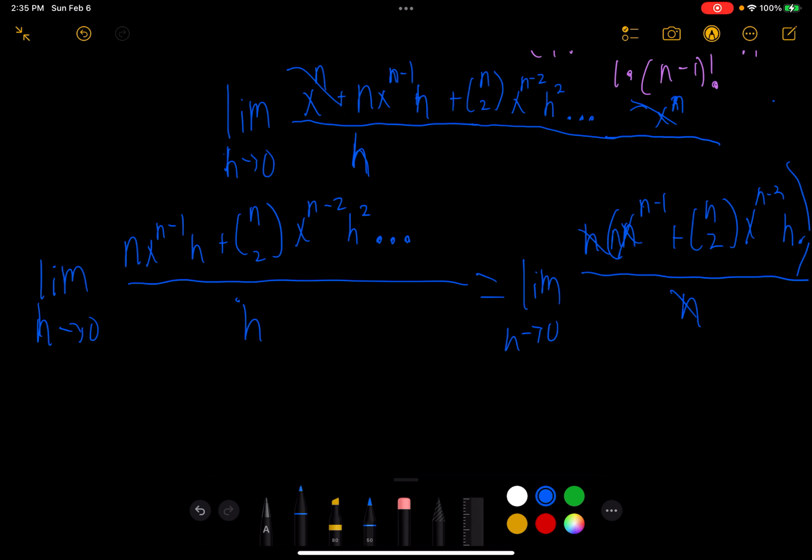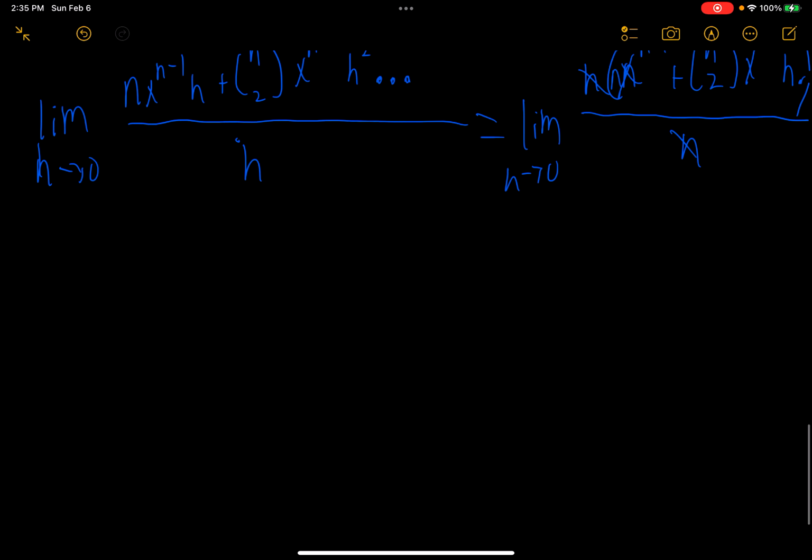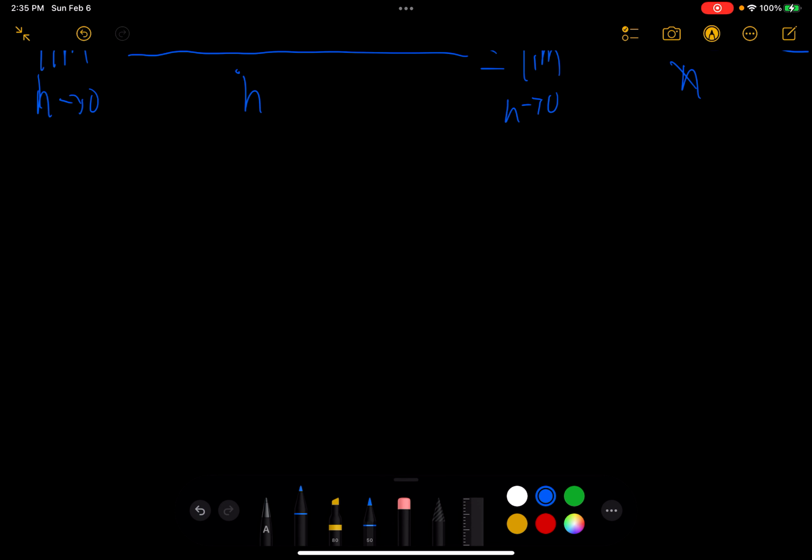At this point we go all the way back to the beginning, where we can finally say nx to the n minus 1 plus n choose 2, x to the n minus 2 times h, so on and so forth. You might be wondering why I haven't solved this out, and now you get to see why.